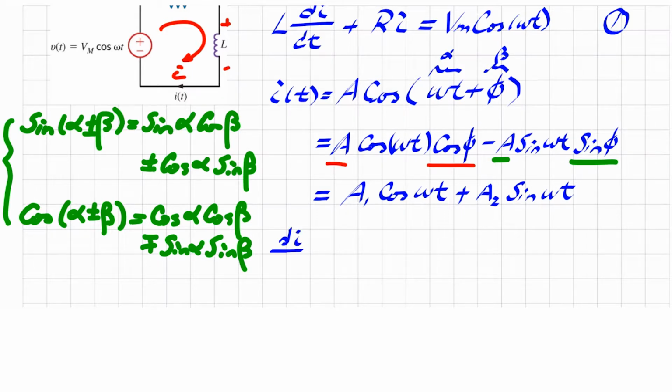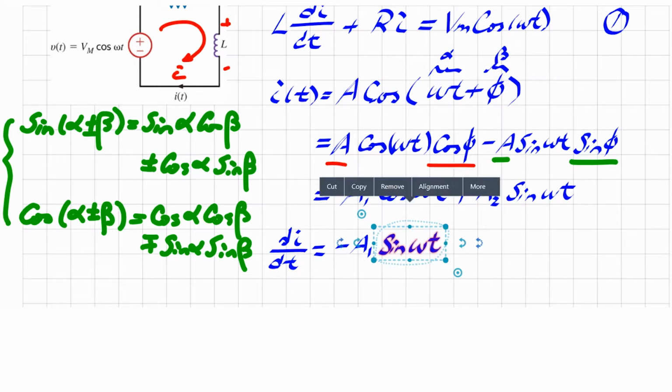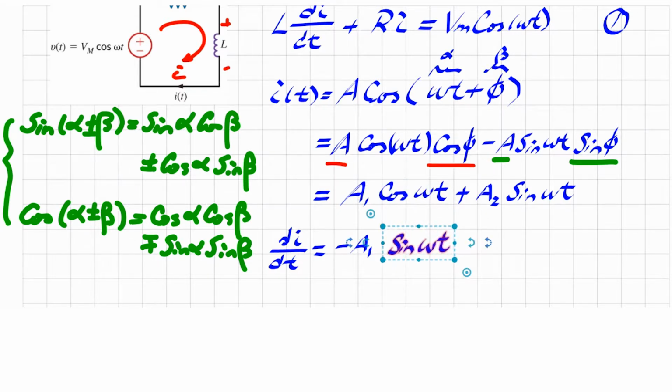Let's see what the derivative is. We end up with negative A1 times sine omega t, and then for the chain rule, we take the derivative of the argument omega t with respect to t, and we end up with the omega. So we insert the omega over here.